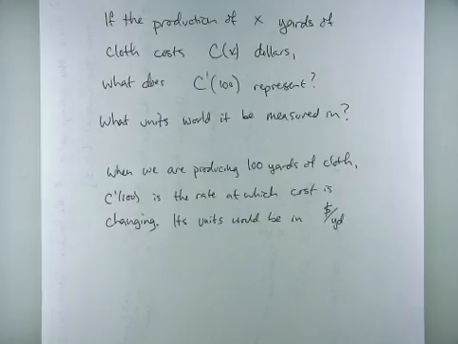Often this derivative value is used to estimate how much it would cost to make the next yard. So if C'(100) were something like $2 per yard, that's telling me that if I've made 100 yards, to make that 101st yard, I should budget about $2, if I wanted to make 1 yard more.